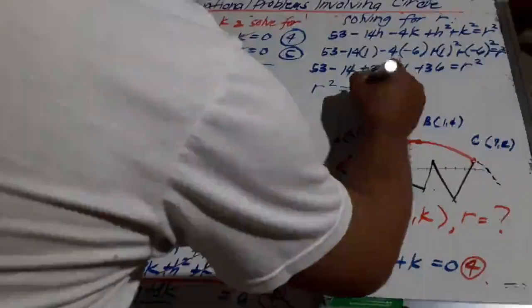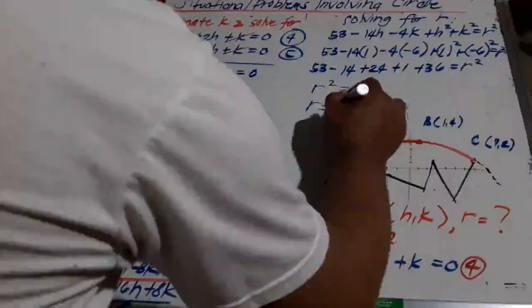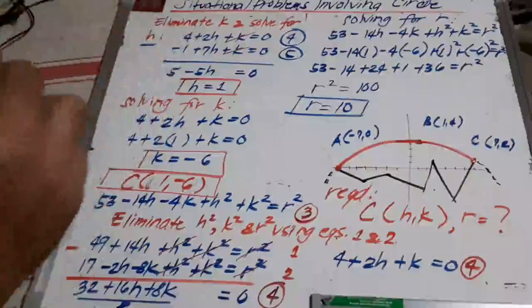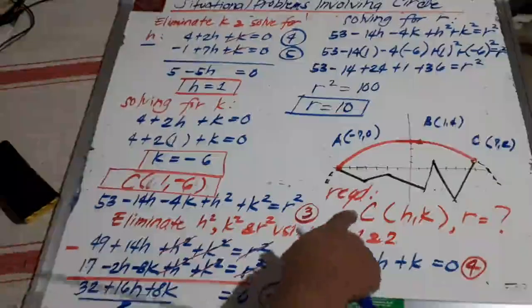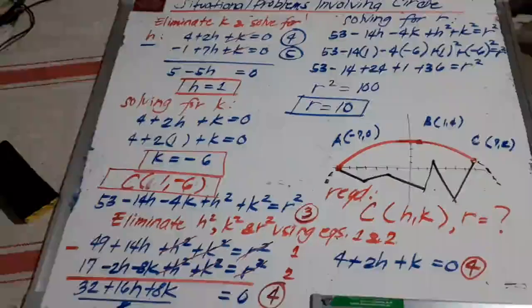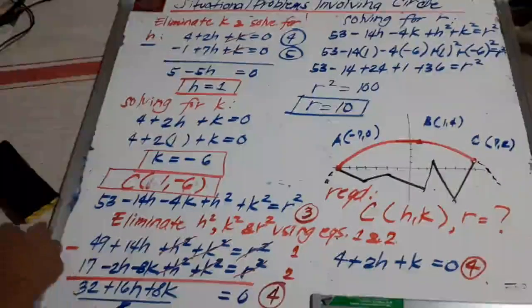So r squared equals 100. Therefore, the length of the radius is equal to 10. So nakuha na natin yung center. Nakuha na natin yung length of the radius. Pwede na nating makuha yung standard equation ng circle.